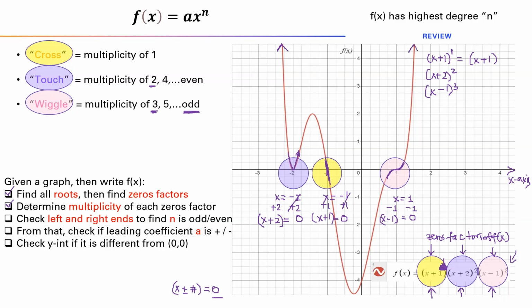What does that mean? It means n is even, because the left end and the right end both go up, the same direction. So we have n even.